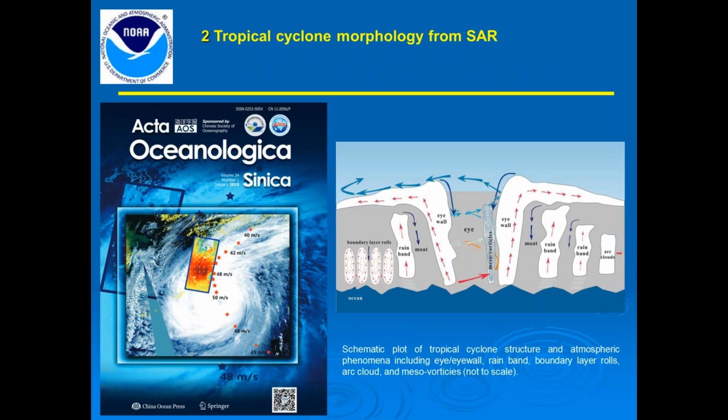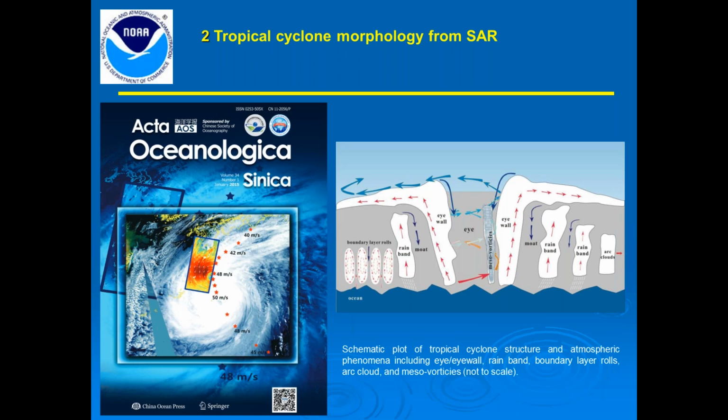This is a diagram of a hurricane system. This paper was first published, I think, a couple of years ago in BAMS. Fine-scale and mesoscale structures like boundary layer rolls on the left, a rain band, small vortices, and wind patterns can only be observed by SAR, because with regular thermal, IR, and visible images, you can only look at the cloud patterns.